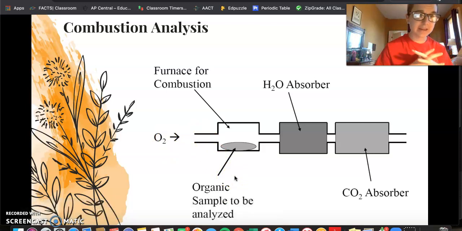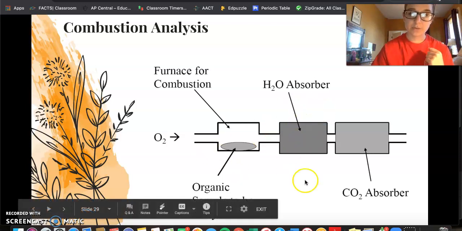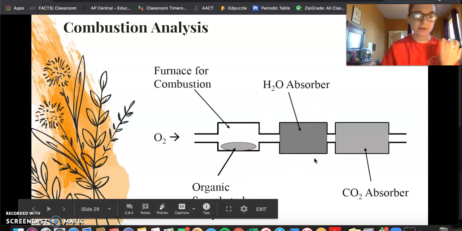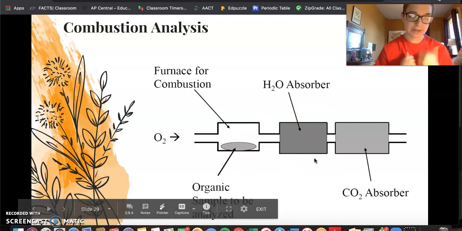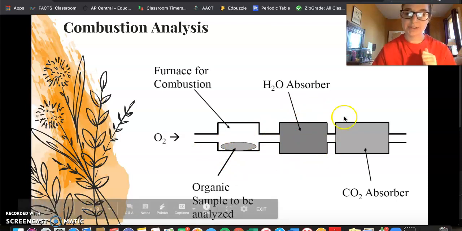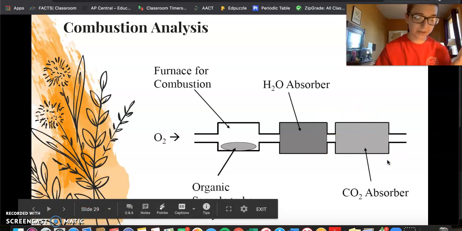But you can find the percent composition and empirical formula of an organic compound made of carbon, hydrogen, and oxygen by doing this combustion analysis. All of the hydrogen bonds to oxygen to form water, which is then absorbed by the water absorber. And all the carbon bonds with oxygen to form CO2, which is then absorbed by the CO2 absorber.